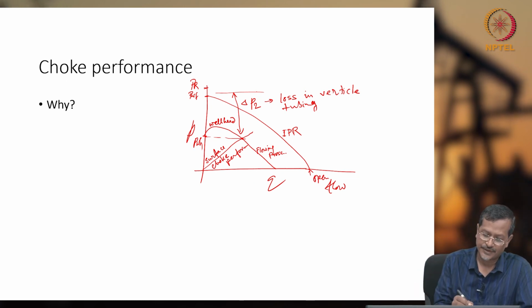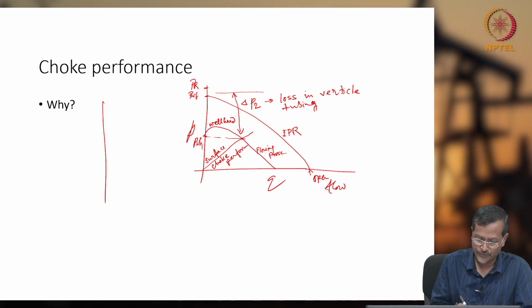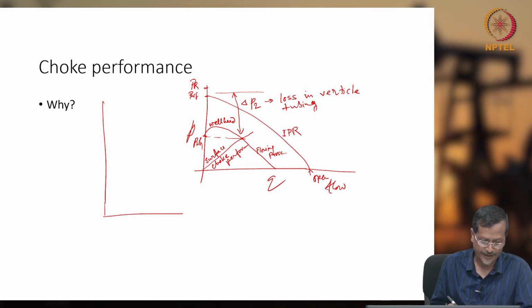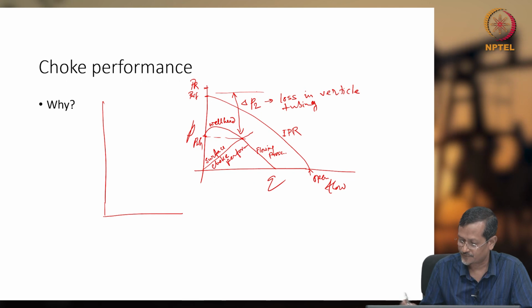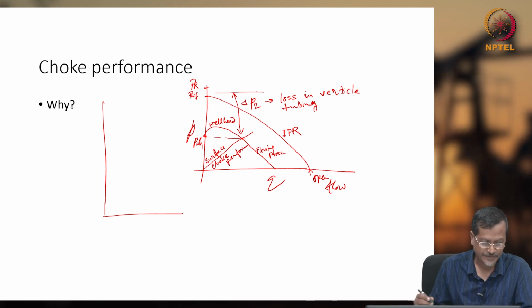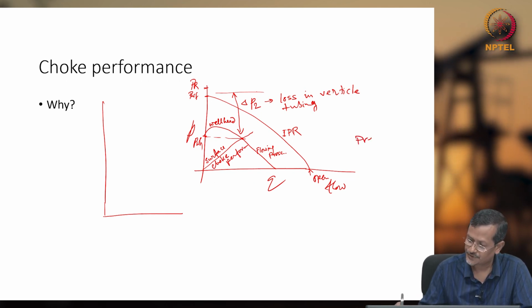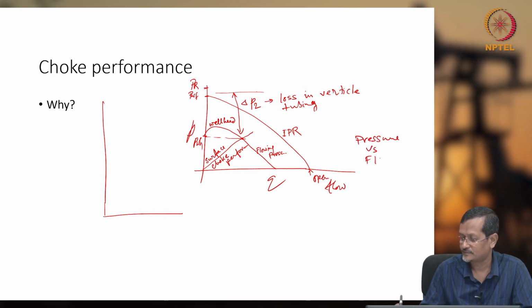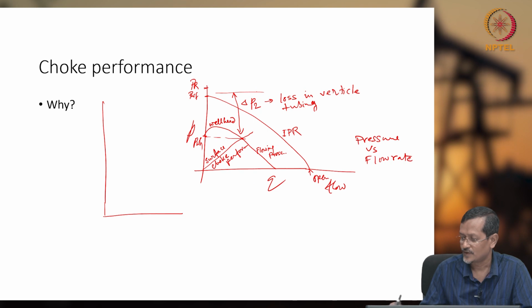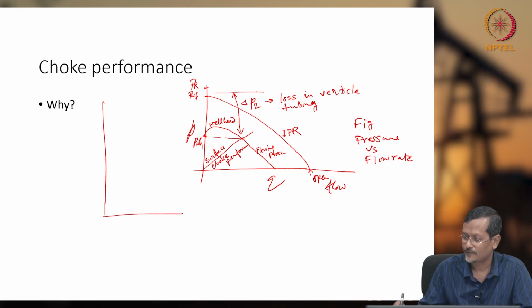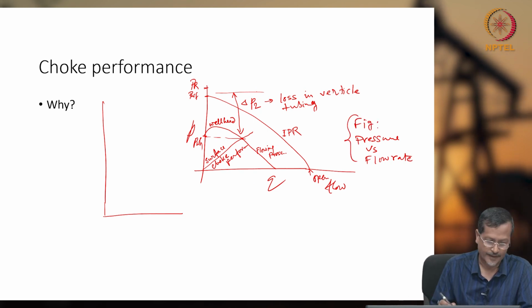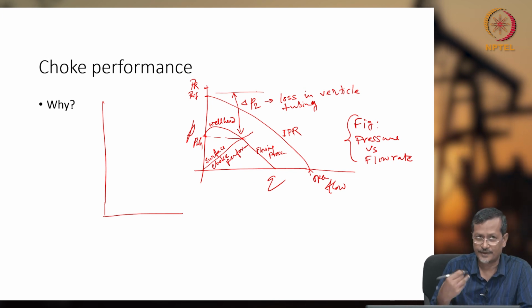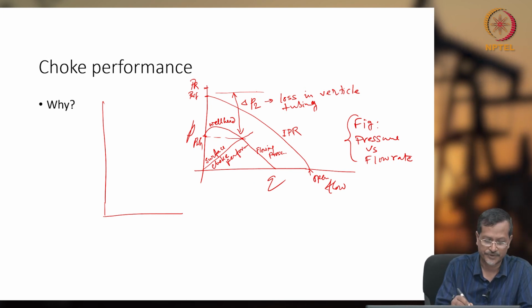And how the pressure is changing from reservoir to the surface, we can draw one figure again. This is a pressure versus flow rate diagram. This is pressure versus flow rate. And this figure will show depth versus pressure, how pressure is changing.